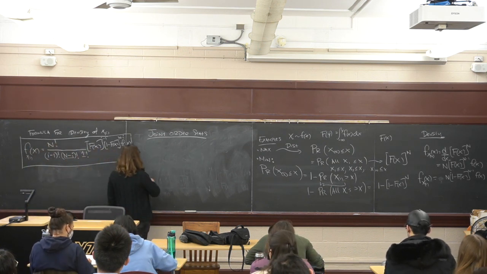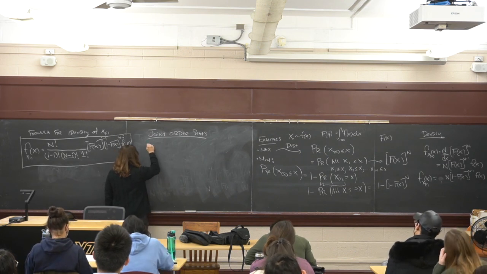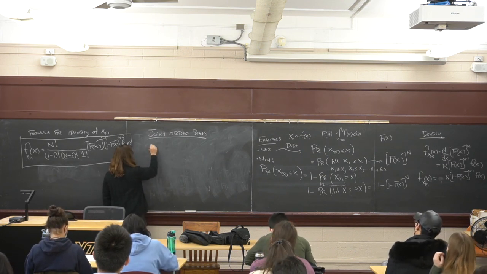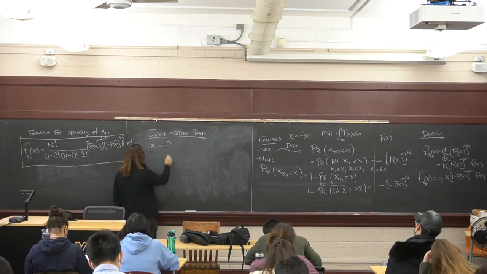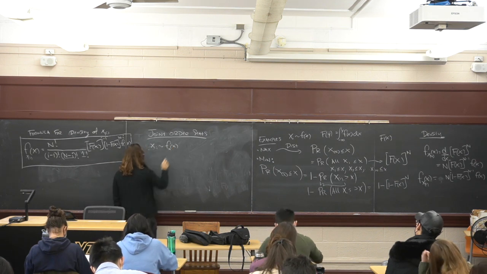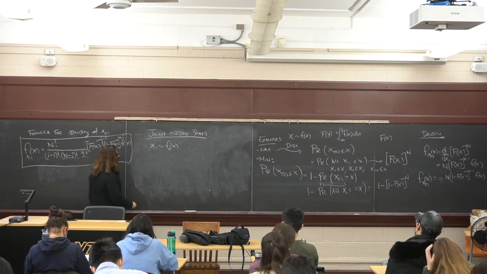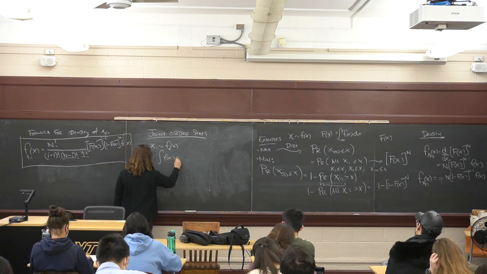So I want to look at the joint order stat. Again, all these Xi's are coming from some distribution f, I'll call it x right here. And they have cumulative distributions, integral f of x dx.